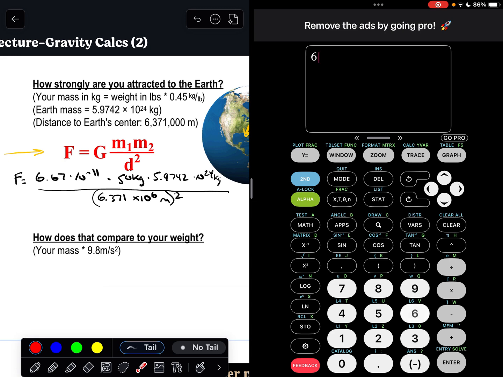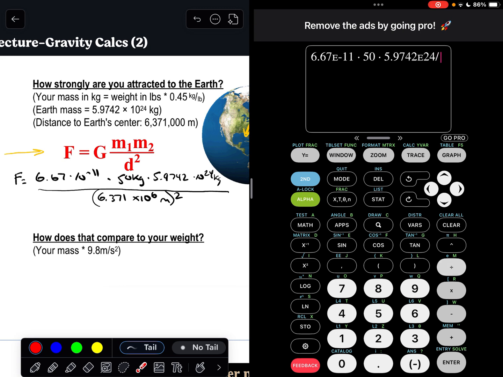So that's just going to be 6.67, second EE, negative 11, times M1, 50 kilograms, times M2, the Earth, which is 5.9742 times 10 to the 24th. So we hit second EE 24. There is the numerator of our fraction.